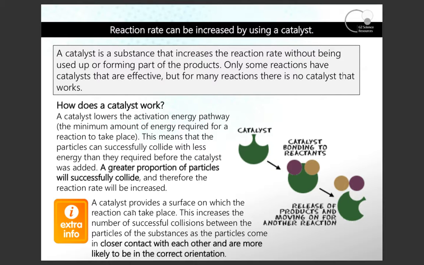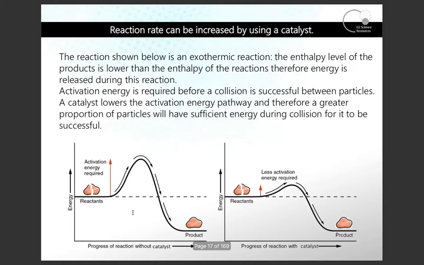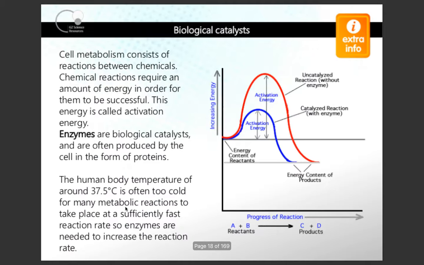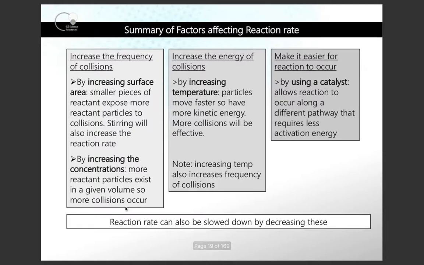It's a bit of a chemical matchmaker, and because they tend to be attracted to be closer to each other and held in the right place, then the energy of activation, or energy for the reaction to proceed, is lower. It means it's going to go faster. That's really the key thing with a catalyst. So that's the last factor that we really need to know about.